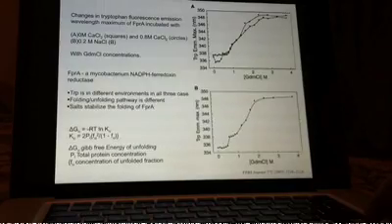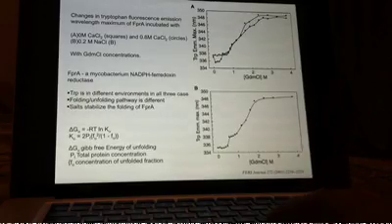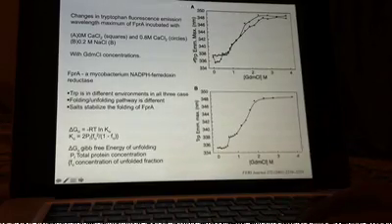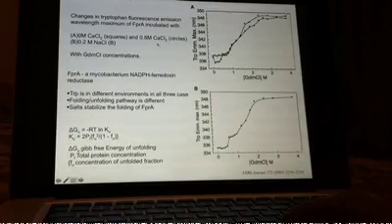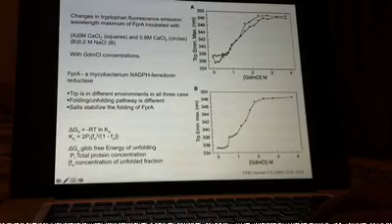Another example shown here is when we monitor tryptophan emission maxima. For this protein, FPA, when we treat it with guanidine hydrochloride, we don't see any changes in the lambda max of fluorescence up to close to 1 molar guanidine hydrochloride, from where it starts changing, and then again it becomes static. There are no changes in that emission maxima.